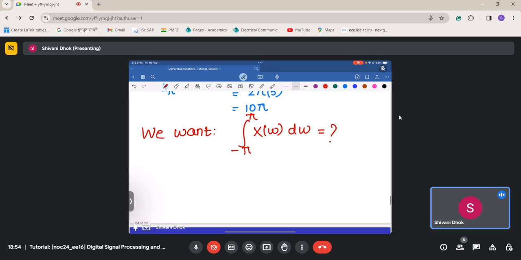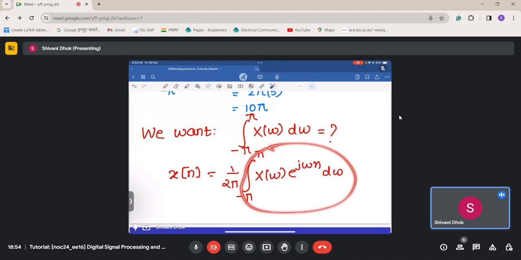Now what relation do we have? The relation that we have is x[n] equal to 1 upon 2 pi integral from minus pi to pi of X(omega) e to the power j omega n d omega. Now if I want to reduce this particular integral to this, what will we do? Just blindly we will put n equal to 0.